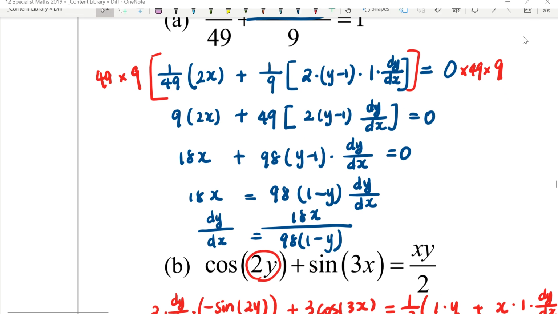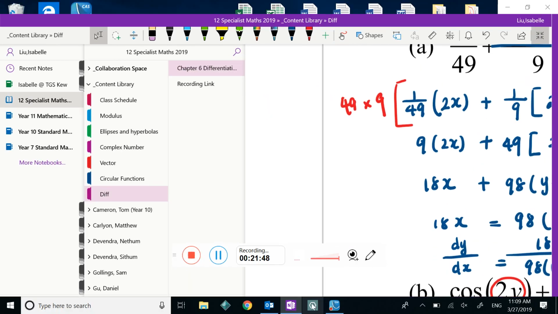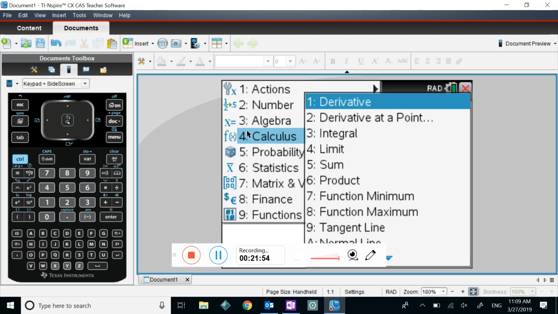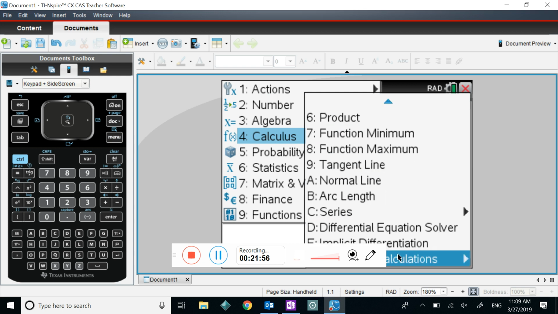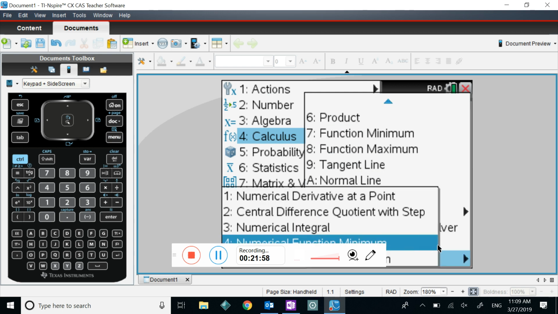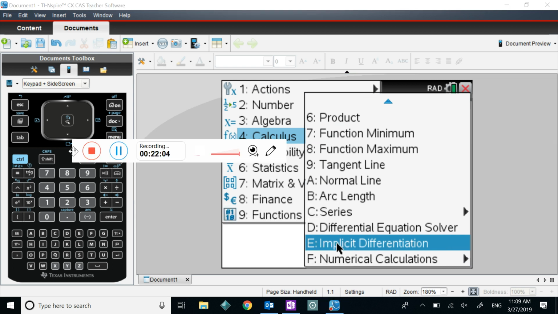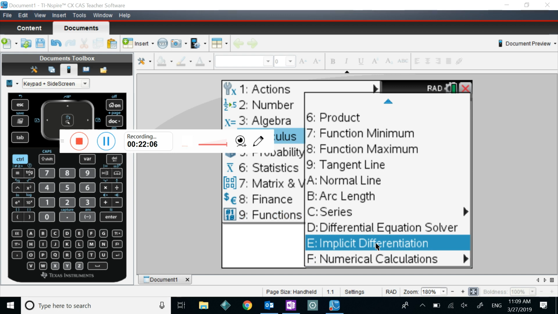And I can show you that on the calculator. Last thing is the CAS. So if you go to the CAS, go menu, calculus, and you keep going to the end, there's an implicit differentiation. It's E here, implicit differentiation. So click on that.